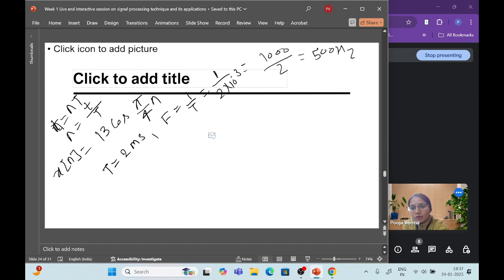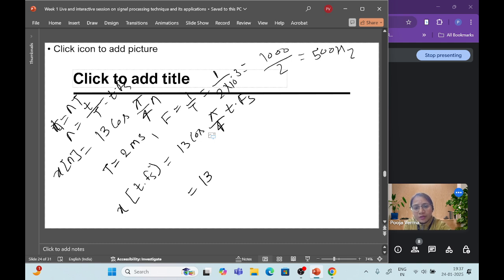In place of n, we have to put T into Fs.